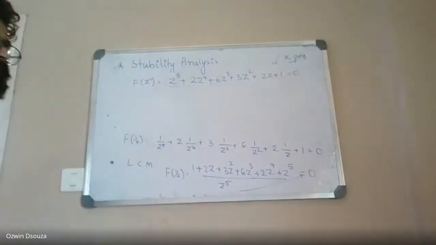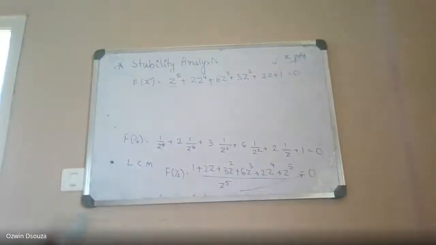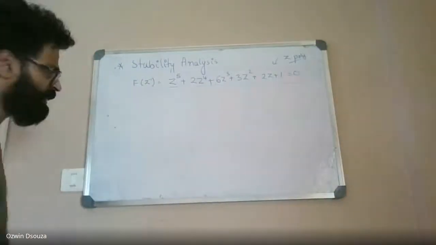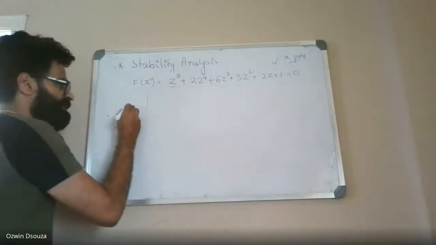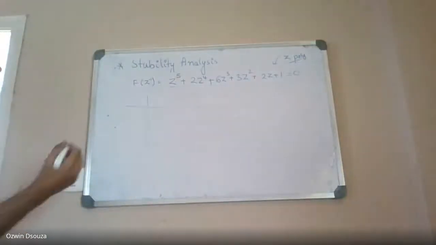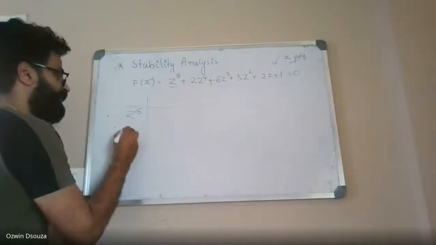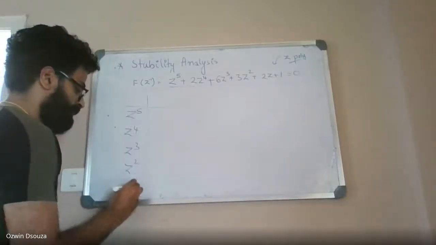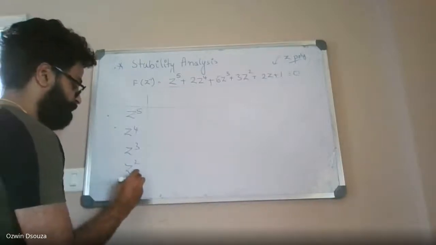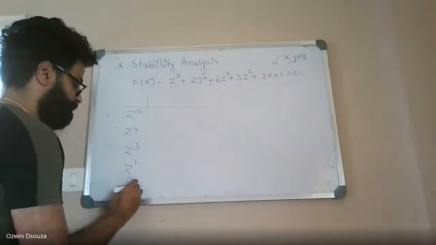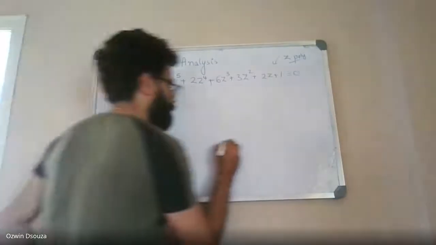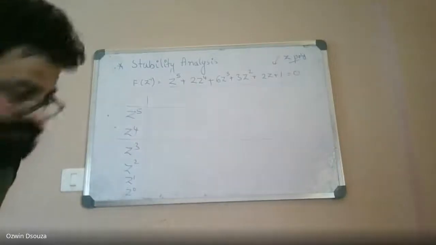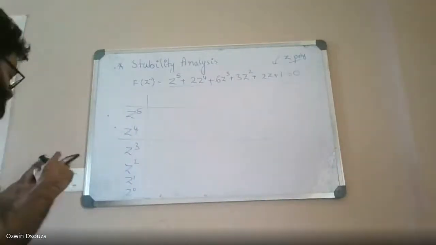Now, with respect to this Z polynomial, you will have to create the Routh array. The method remains the same. Instead of S, you're supposed to take Z. That's all. So Z to the power 5, 4, 3, 2, 1, and 0. The first two rows are constructed from the coefficients of Z itself.